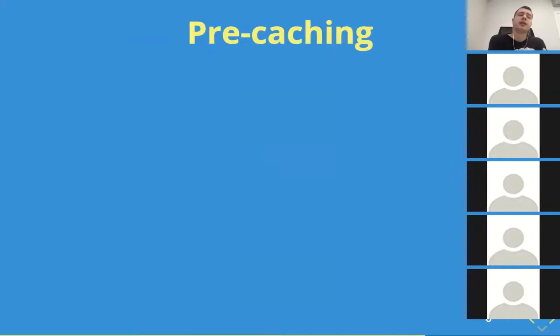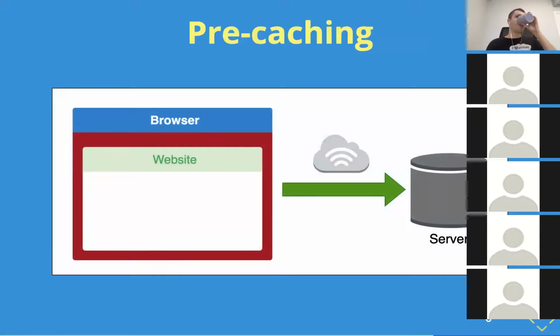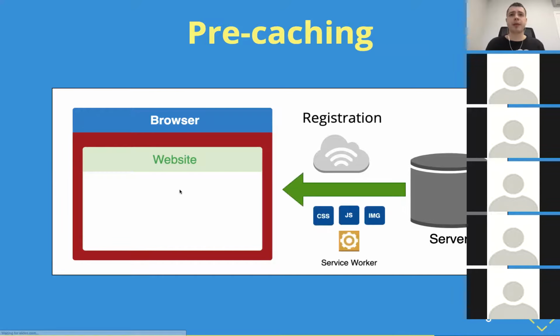There's yet another very great feature of PWA, which is called pre-caching. Let me tell you what it does. You have seen this picture already. Website makes request to the server. Server returns some data, static content, images, and service worker.